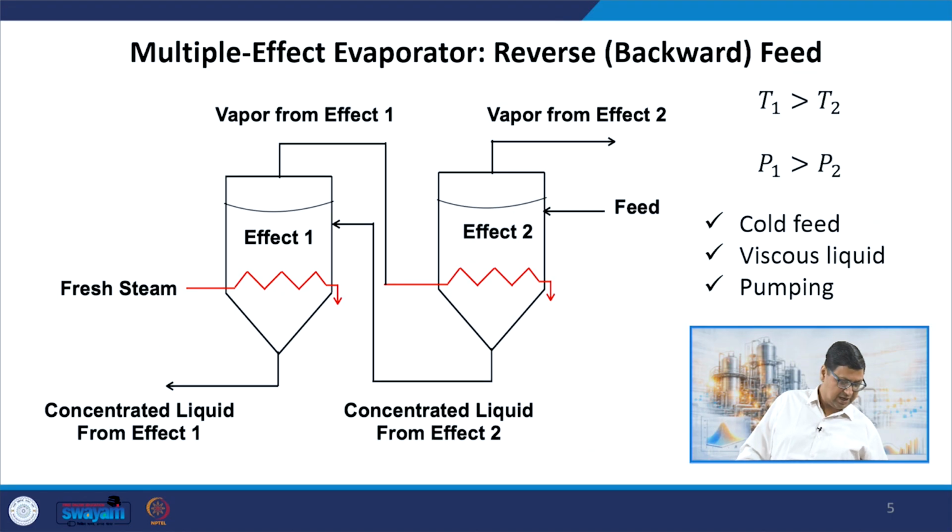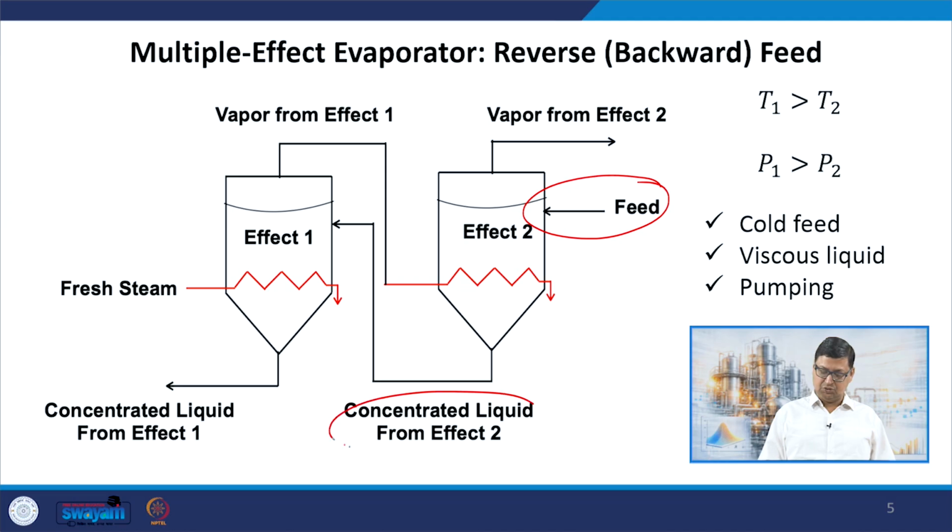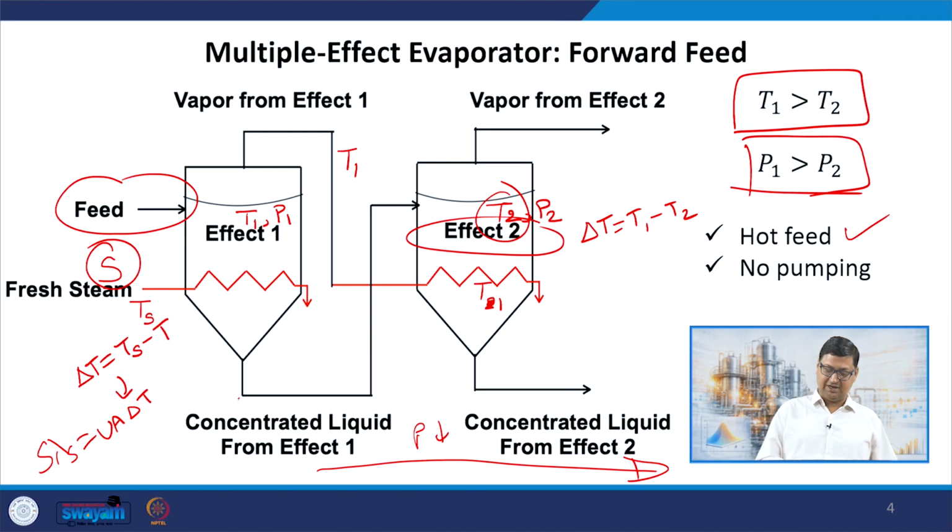So, I can do the opposite of that. Rather than feeding in the same effect as the fresh steam, I can feed in the second effect, right? So, my feed is coming here, and whatever liquid I get from the effect 2, now I am feeding that in effect 1, completely opposite of whatever we have done earlier.